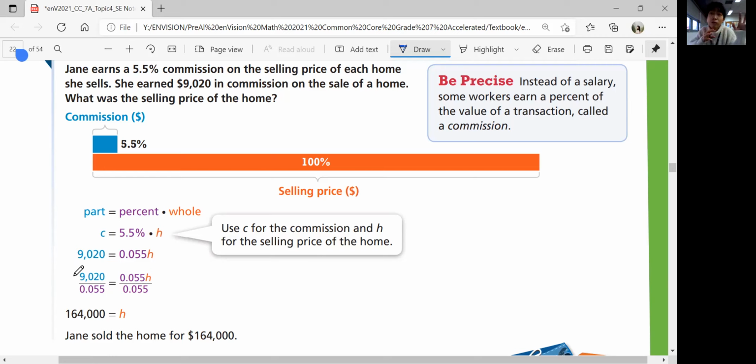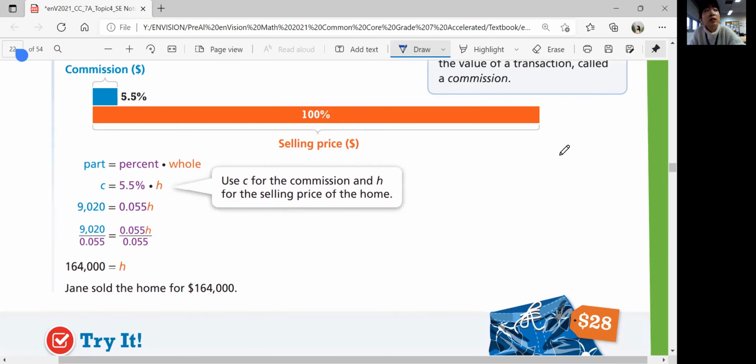And if you change that to multiplication, your denominator becomes the numerator, and that's like multiplying a number. Does that make sense? So your number is going to get greater. And it should, because you started with 9,020 as 5.5%, and your whole is going to be much greater than that.